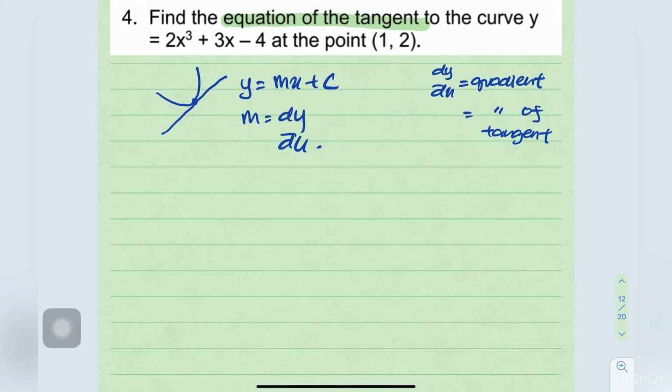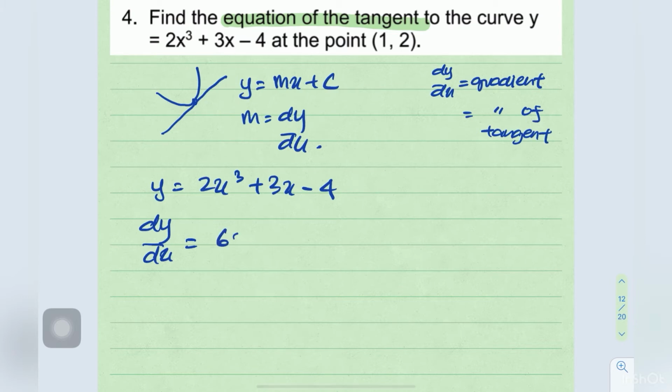Now we have y equals 2x cubed plus 3x minus 4. dy/dx is the gradient, and gradient is m. So we differentiate and get 6x squared plus 3.